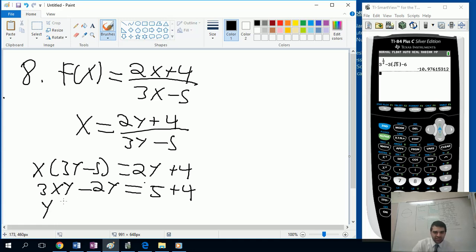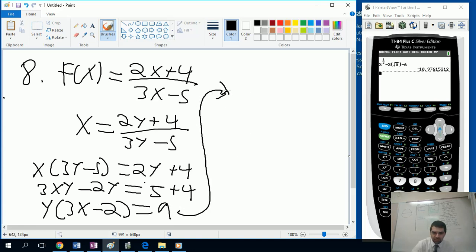So y times 3x minus 2 is going to be equal to 5x plus 4. So y is equal to 5x plus 4 over 3x minus 2. That's it. That's the inverse.